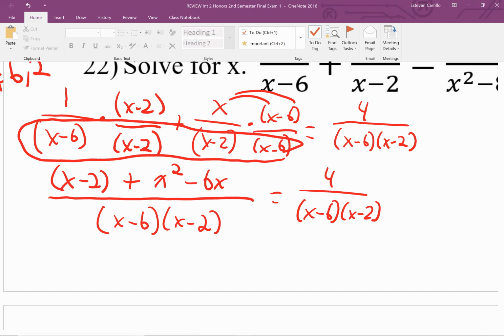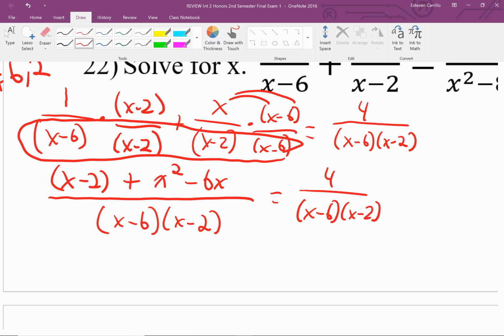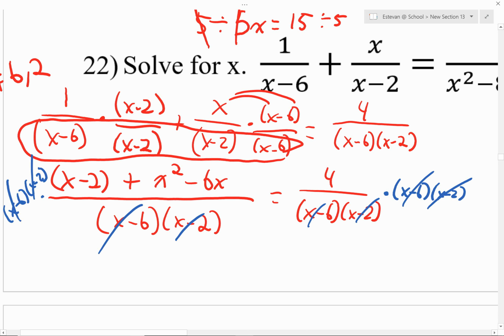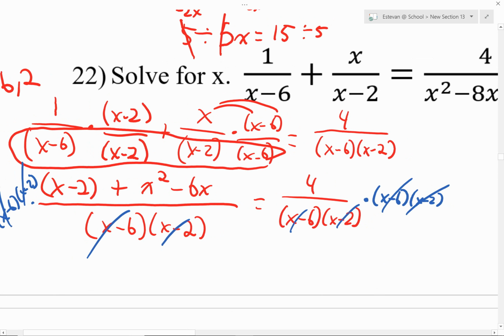Since we have x minus 6 times x minus 2, they're going to cancel because I'm going to multiply x minus 6 and x minus 2 to both sides. Top and bottom, so they're both there. They end up canceling. So then what you're left with is just now the top.